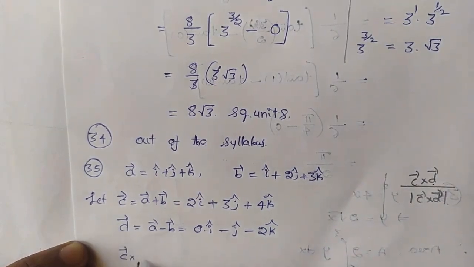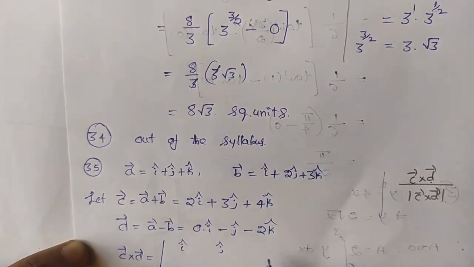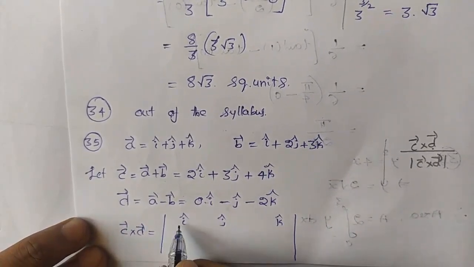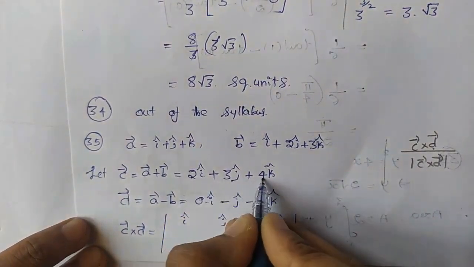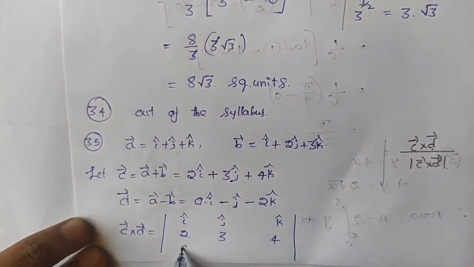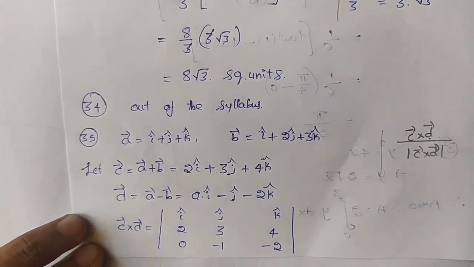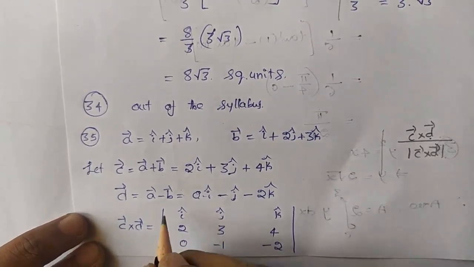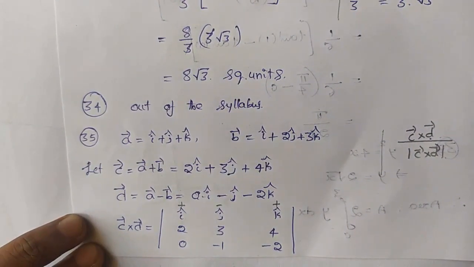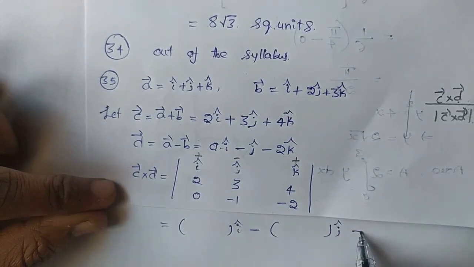Apply cross product, i cap, j cap, k cap by using the concept of determinants. Components of c: 2, 3, 4; components of d: 0, minus 1, minus 2. Next, find out the vector c cross d, plus minus plus, is equals to, first write i minus j plus k.